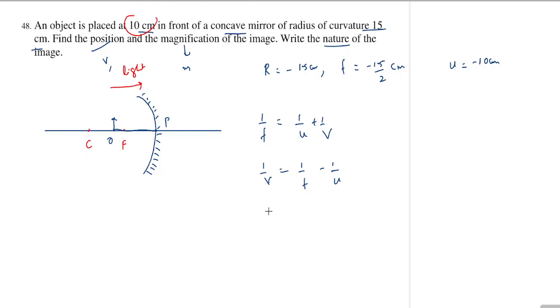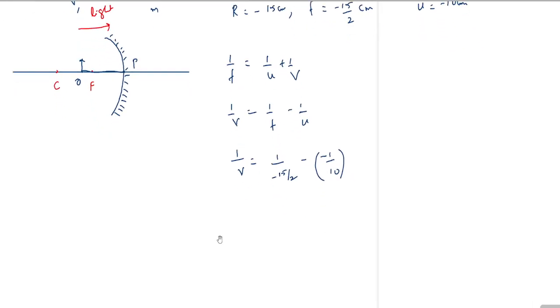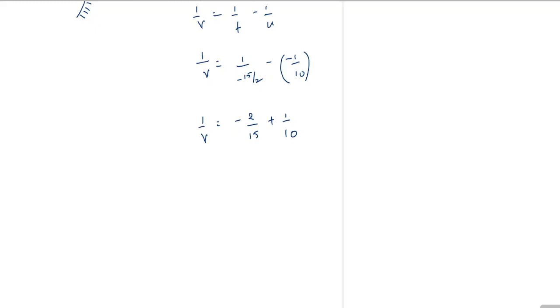So putting it back here, 1/v is 1/f, which is 1 by minus 15/2, minus of minus 1/10. Be careful while solving these simple numericals, because some students tend to make mistakes here also. Avoid it. So it will be −2/15, plus 1/10. Again, it is from your basic LCM.